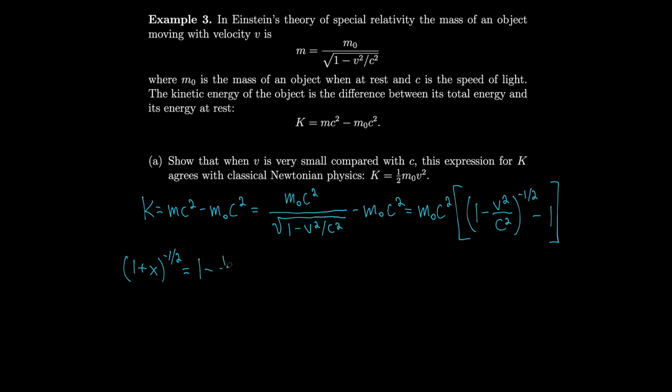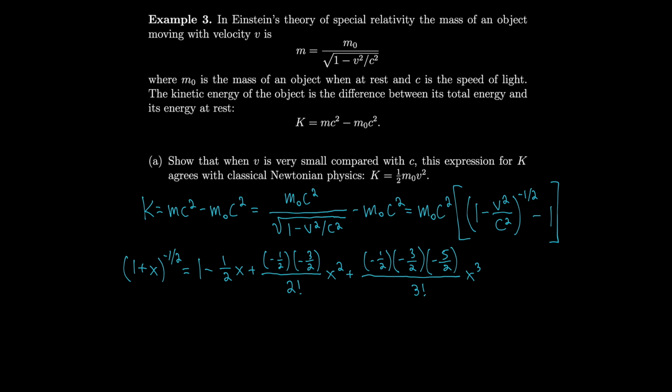That's 1 minus 1/2 x plus minus 1/2 times minus 3 over 2 over 2 factorial times x squared plus minus 1/2 times minus 3 over 2 times minus 5 over 2 over 3 factorial times x cubed.